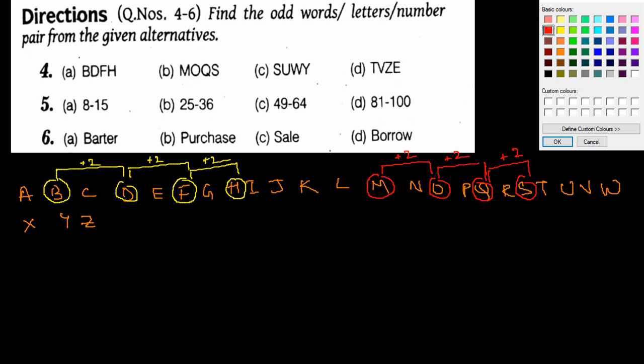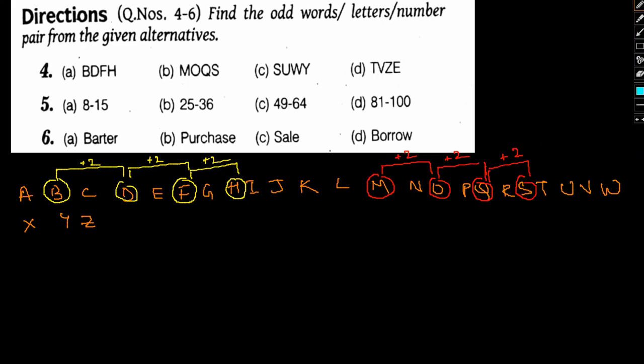Let's move to the third one now. S to U, plus 2. U to W, plus 2, and W to Y, again plus 2. So this pattern has been followed in options 1, 2, and 3 as well.